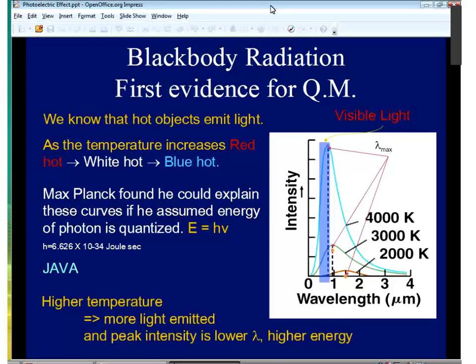And then Einstein used this equal to h nu for photoelectric effect, explaining photoelectric effect. And it was possible to explain photoelectric effect also. Here h is called Planck's constant.